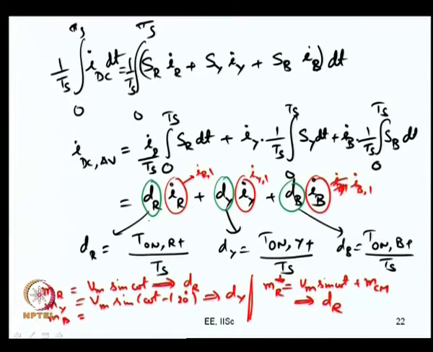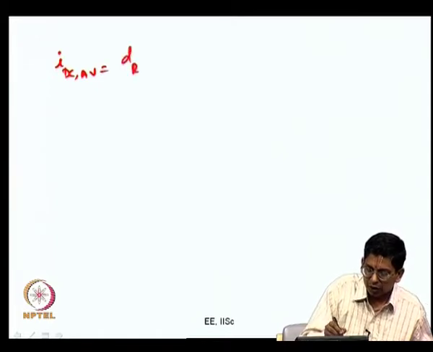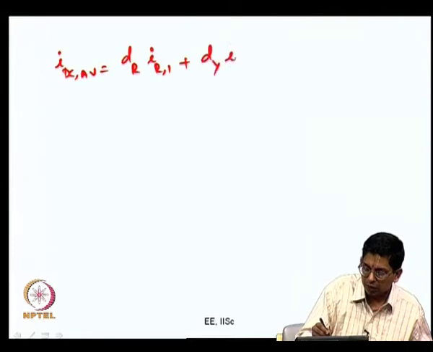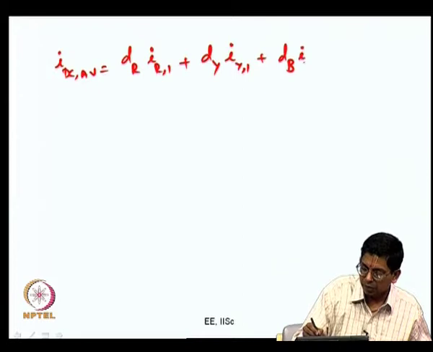You can write this as a sinusoidal function, Y as this and B as the other one, and from there you can come to this whole point, that is, you can write this as some functions. Let me just write it down. So, IDC average equals dr IR1 plus dy IY1 plus dB IB1.